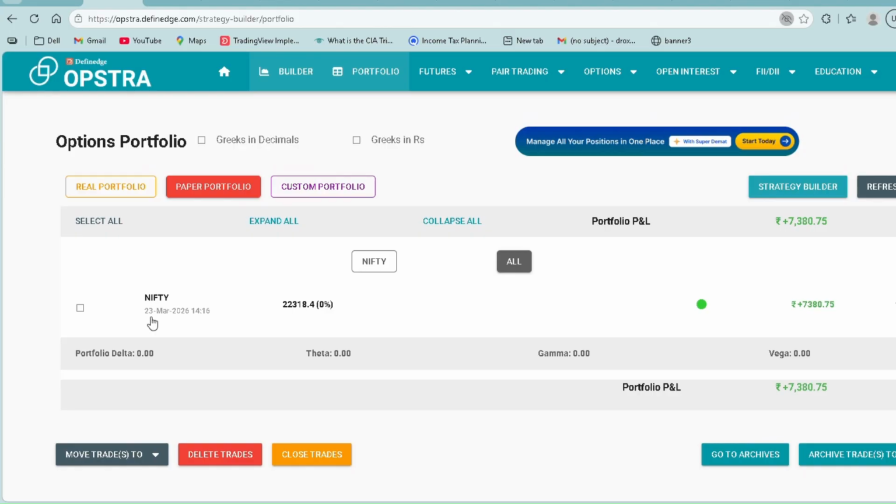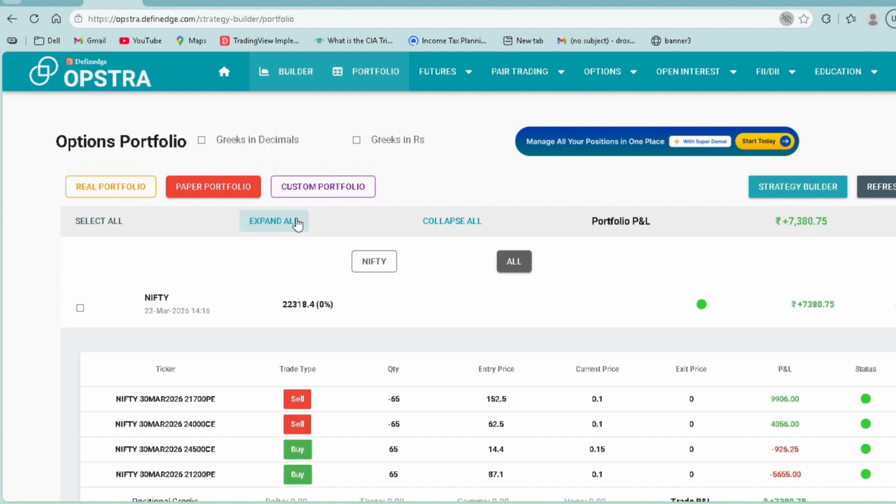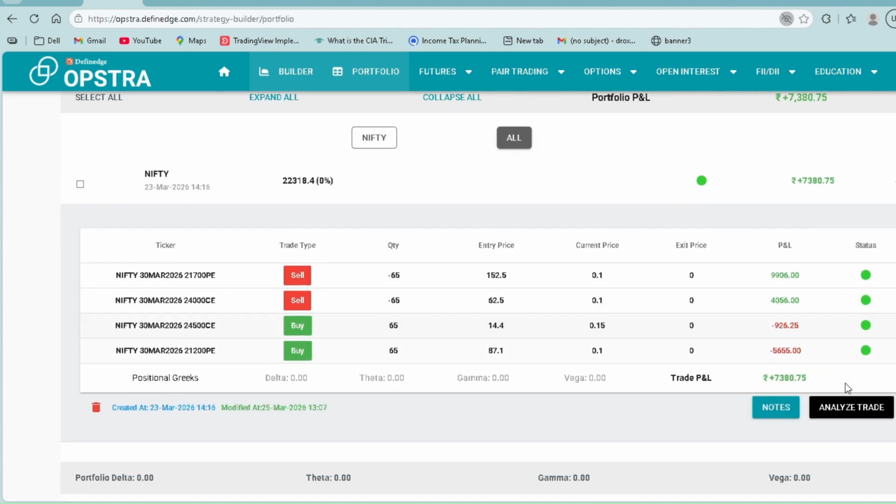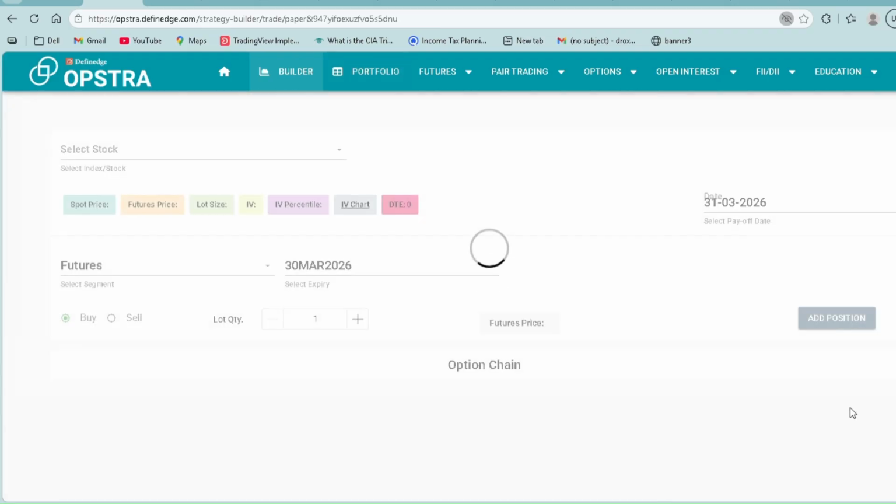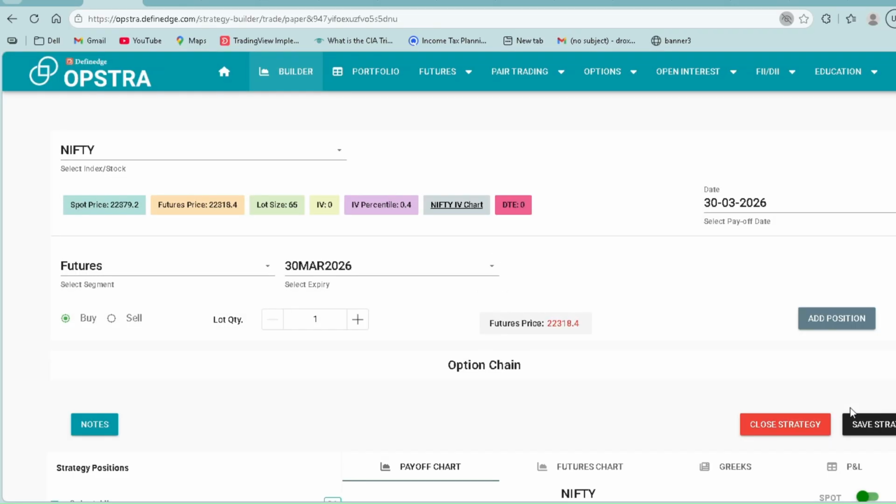As you can see from this screen, I entered on 23 March, around 14:16. Let me expand this one and show you my overall position.